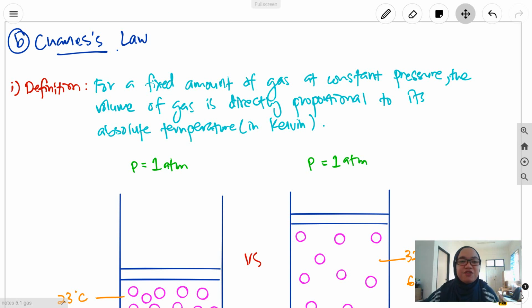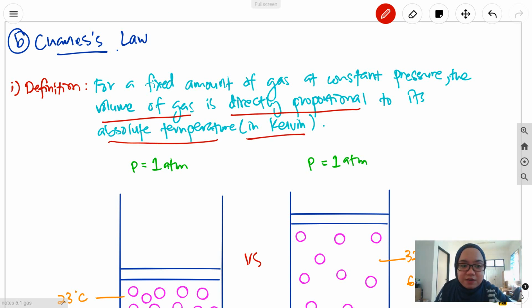So let's look at the full definition. Charles' law states that for a fixed amount of gas at constant pressure, the volume of gas is directly proportional to its absolute temperature in Kelvin.